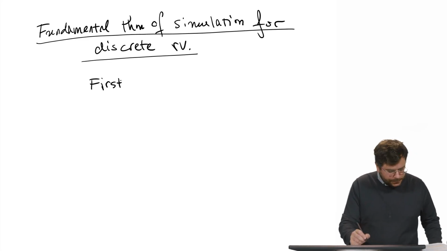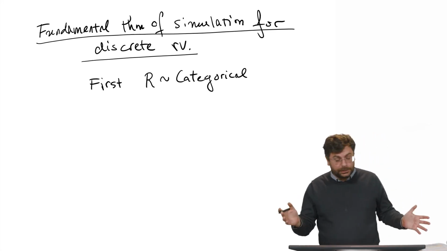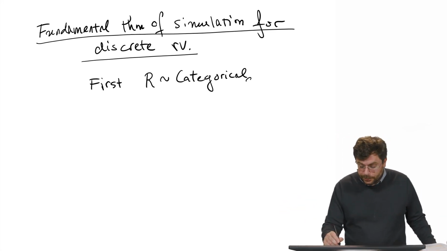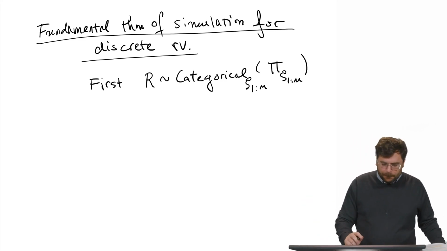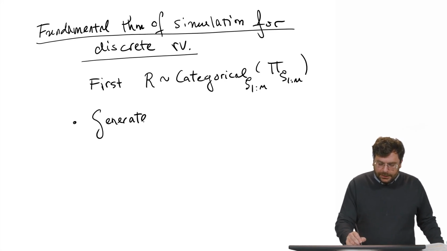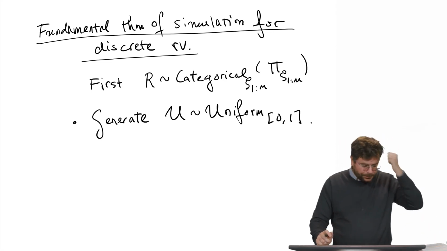First, you have to start off with the notion that you have an R drawn from a categorical distribution. In other words, R is a discrete random variable. You have outcomes, and to each outcome is associated a probability, right? So what are we going to do? We are going to generate a uniform random number u over the range 0 to 1.